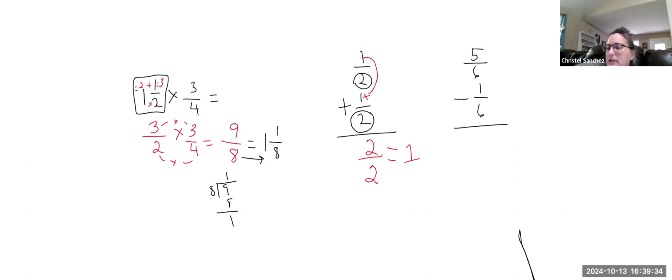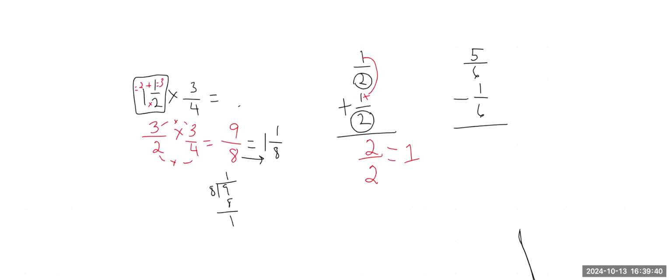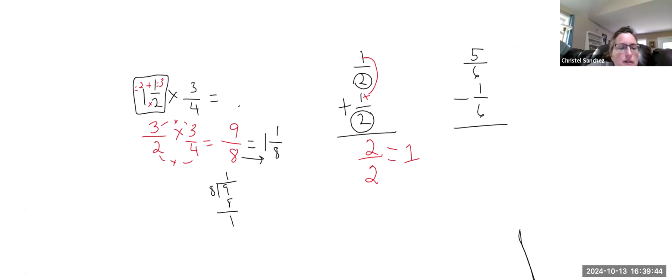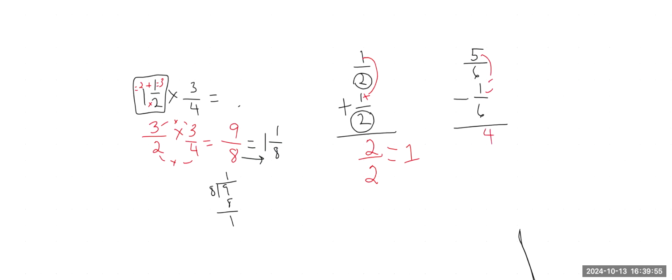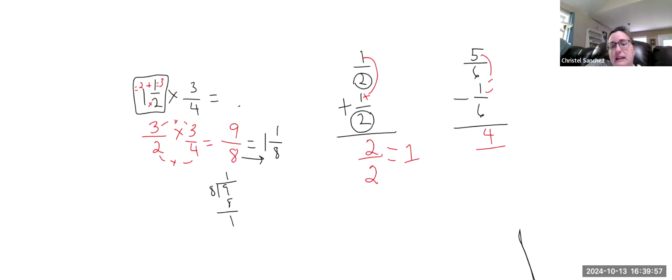So 5 minus 1 is what? 4. And then what am I going to do with my denominators? Just leave it the same.